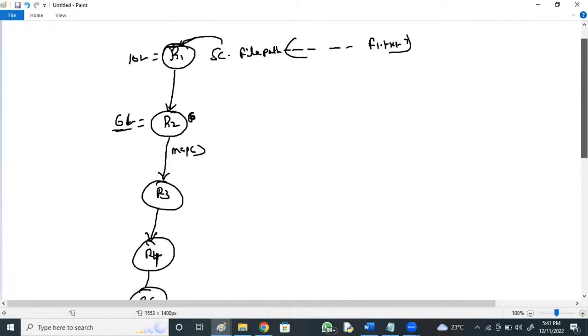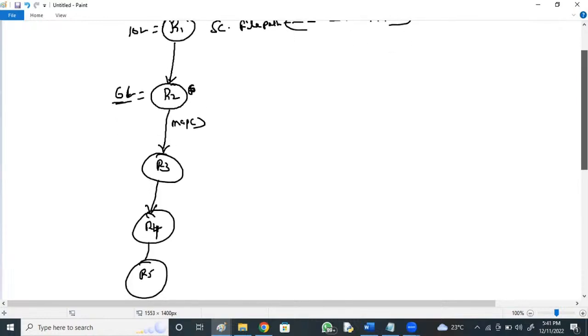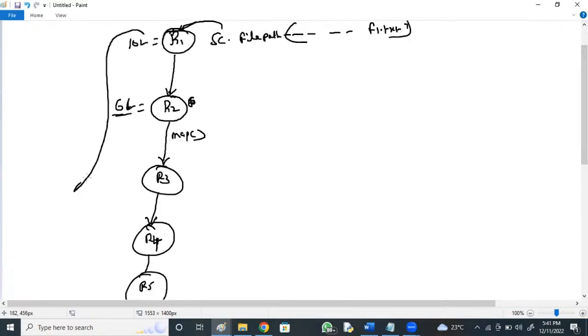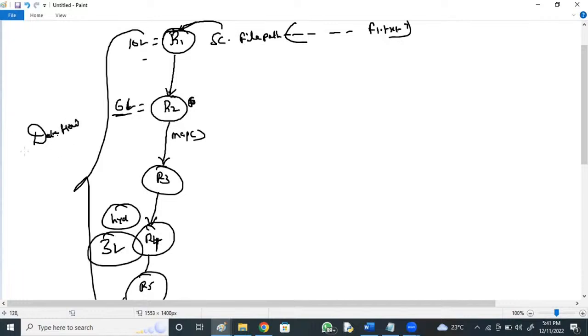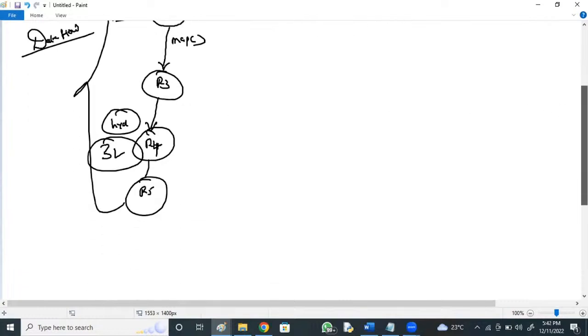Observe carefully. This entire flow we call a data flow. Data of 10 lakh records, then 6 lakh. Again, I want only Hyderabad city records, so filtering happens and you get only 3 lakh records.